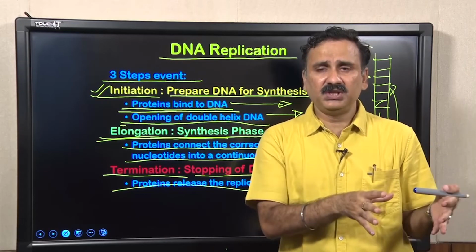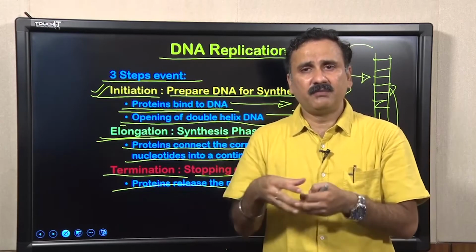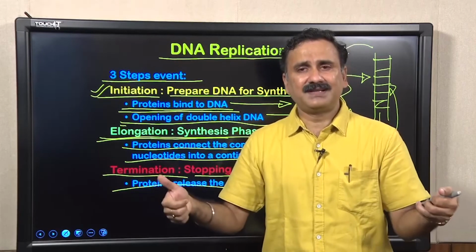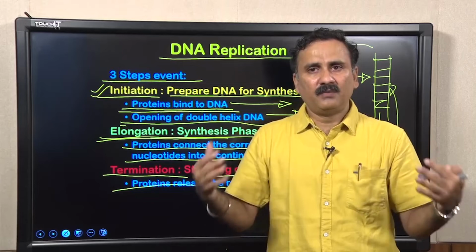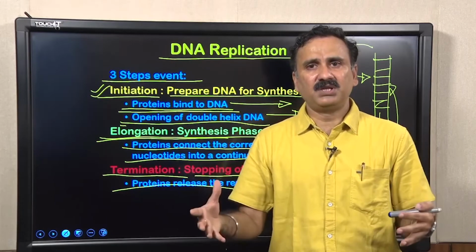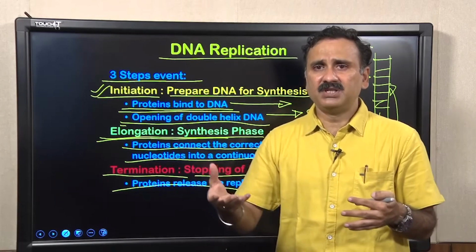where the DNA has to be broken into two different strands, and then the two strands are occupied by the DNA synthesis machinery. What is the DNA synthesis machinery going to do?